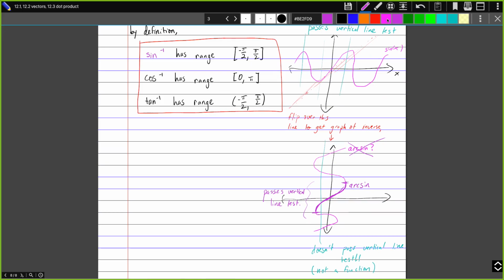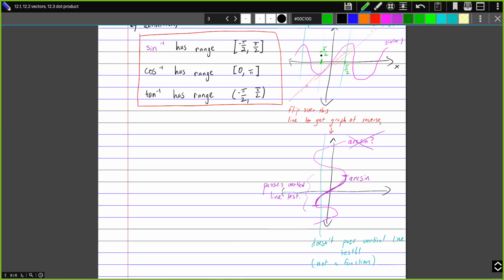So remember, in your graph of the sine function, this is pi over 2 here. This here is minus pi over 2. So if I transplant those to this y-axis, what I've got is pi over 2 here and minus pi over 2 here.